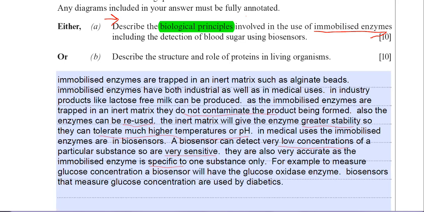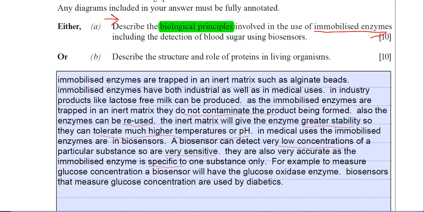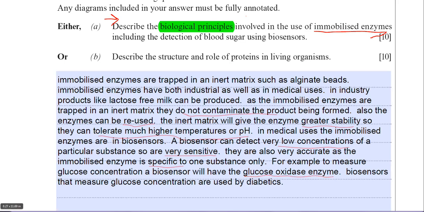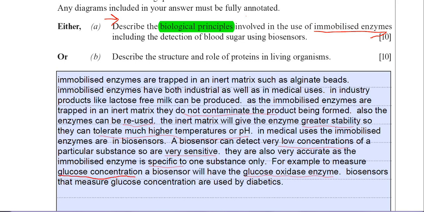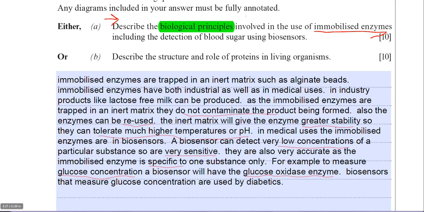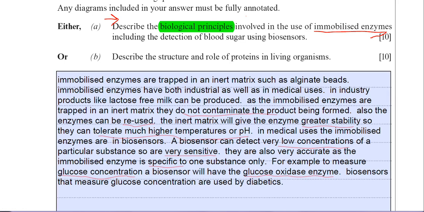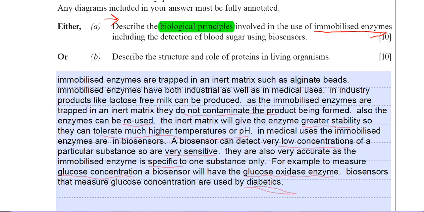Okay, I've also then said they can be used to measure glucose concentration, and I've mentioned that the enzyme here, glucose oxidase, can measure glucose concentration. All right. I've also said then that the biosensors can be used by diabetics. That would also get you the mark.